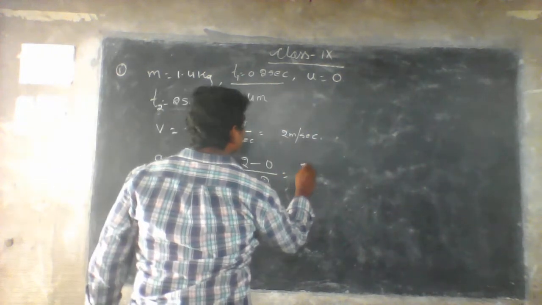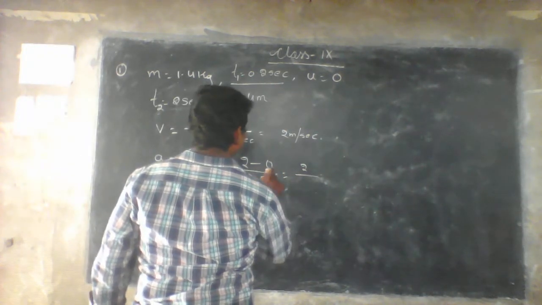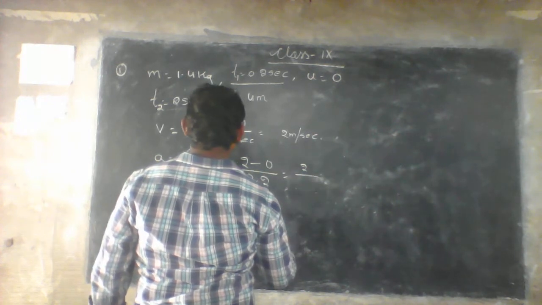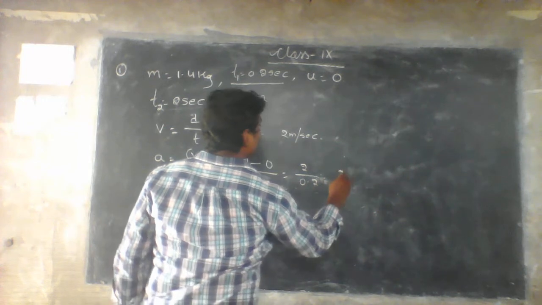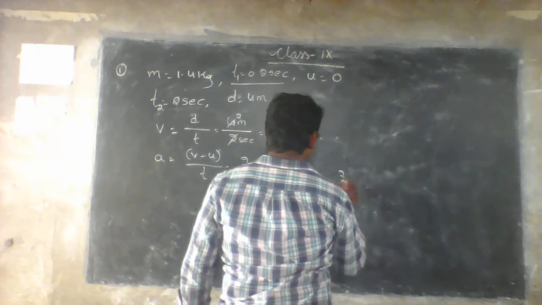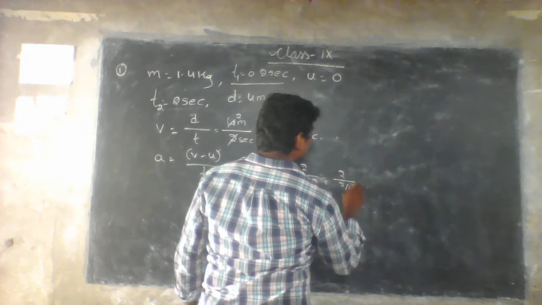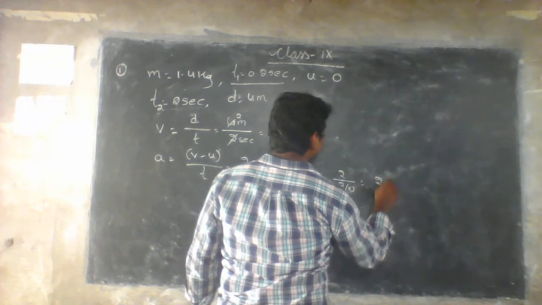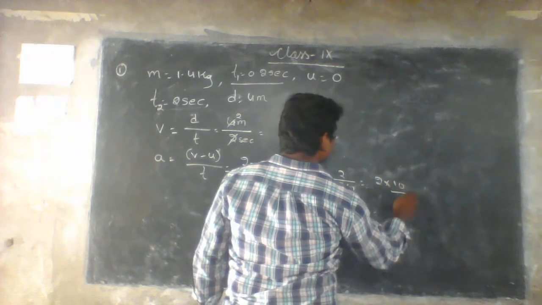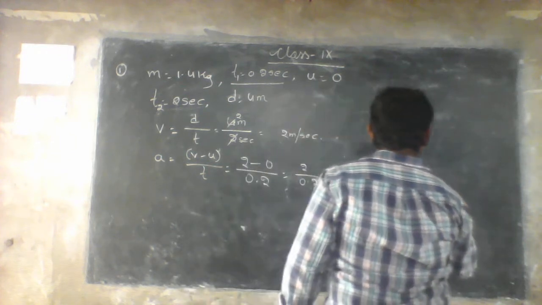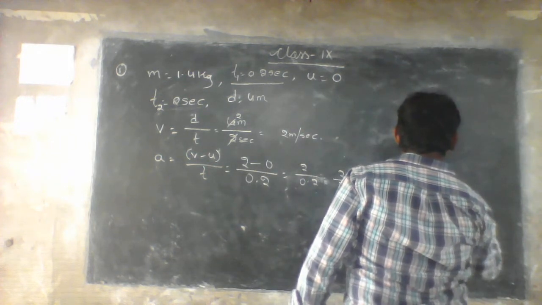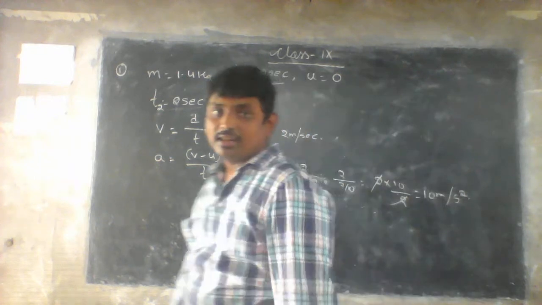So 2 minus 0, 2, by 0.2, that is 2 by 1/10. So 2 into 10 by 2, the 2 will get cancelled. 10 meters per second square.